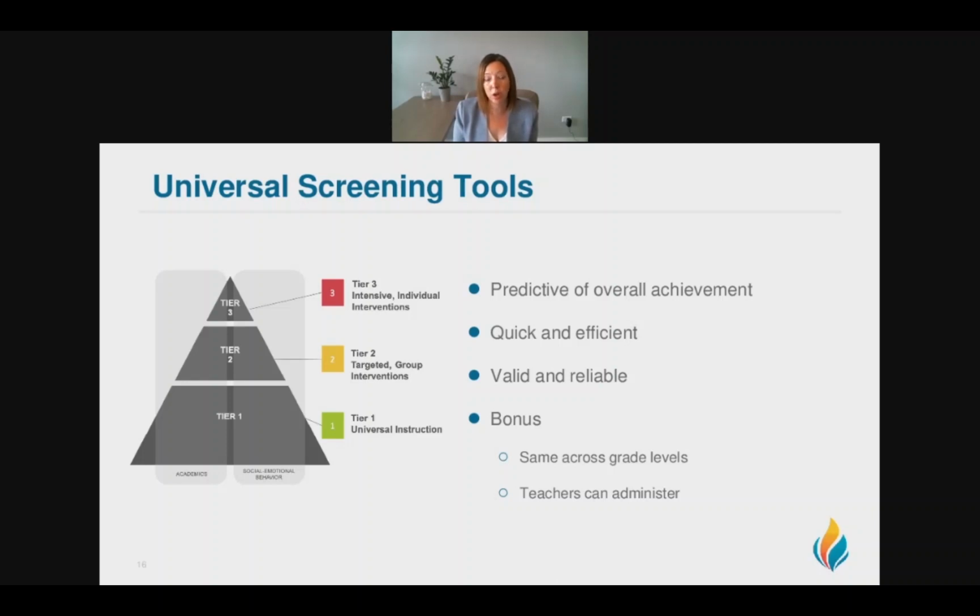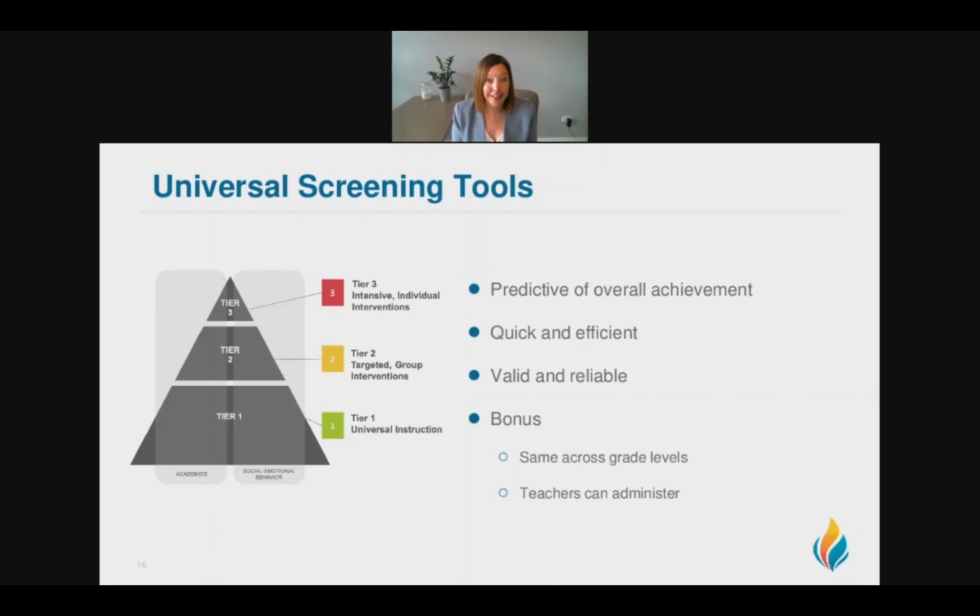We want to choose tools that allow us to assess everyone within a school and grade level in a very quick and efficient manner, because we do not want to replace any instructional time with this universal screening effort. And so we absolutely want something that can be delivered quickly and efficiently, that is valid and reliable for predicting overall achievement.